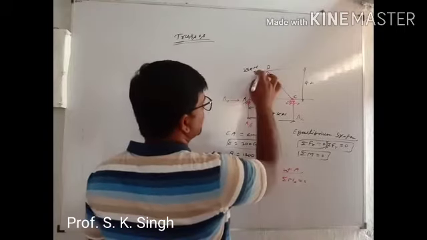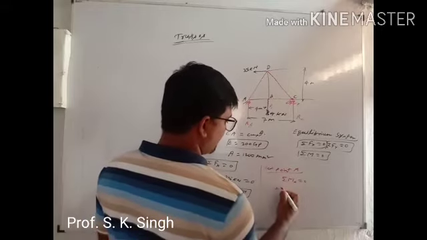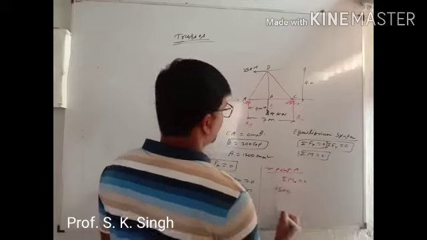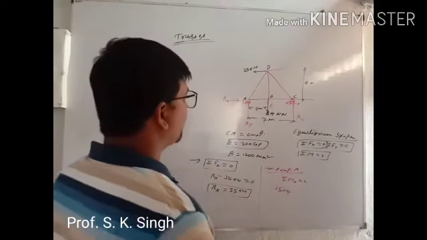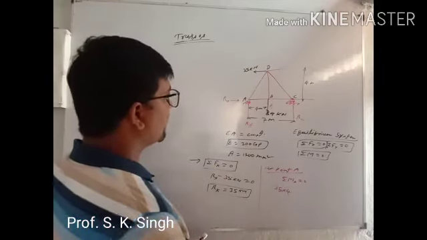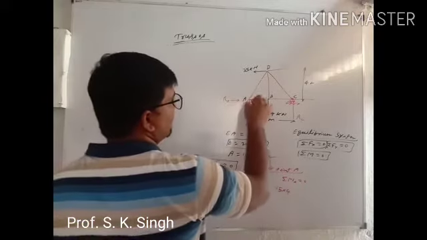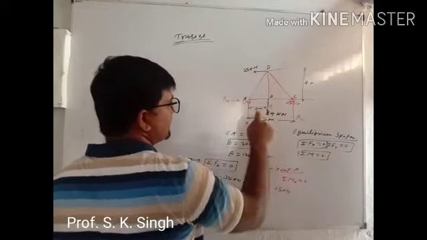So 35 into 4, the distance is 4 only. At this point we can see this one is 4.